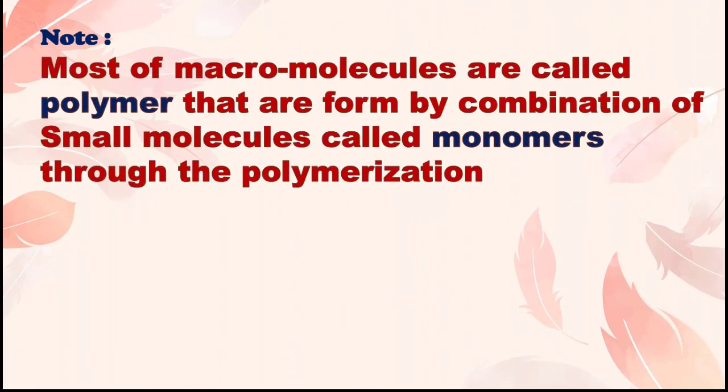Note, most of the macromolecules are called polymers. A polymer is a macromolecule formed by the combination of small molecules called monomers. Through polymerization, small molecules called monomers can change into large molecules called polymers. The process of changing monomers into polymers is called polymerization.